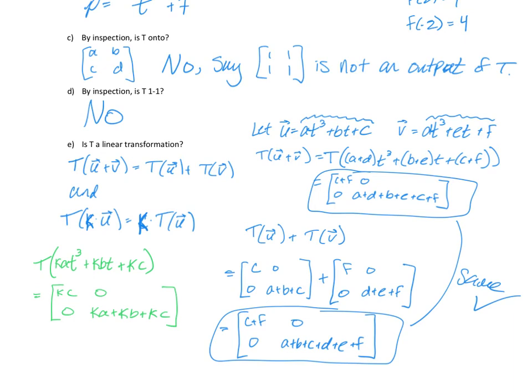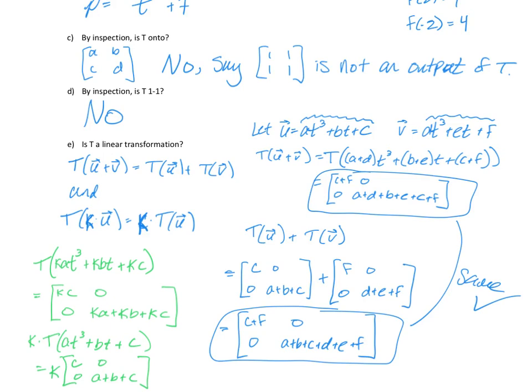All right, is that the same thing as k times T of a t cubed plus b t plus c? So it would be k times T of 0, which is c, 0, 0, and then T of 1 is a plus b plus c.